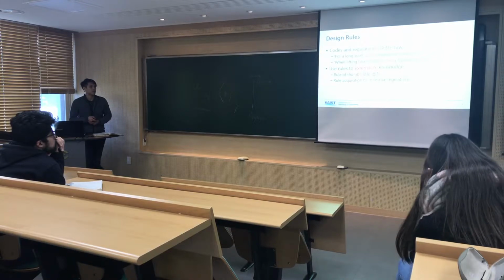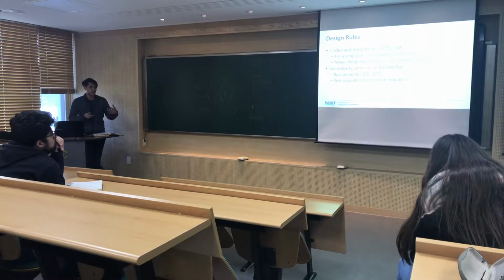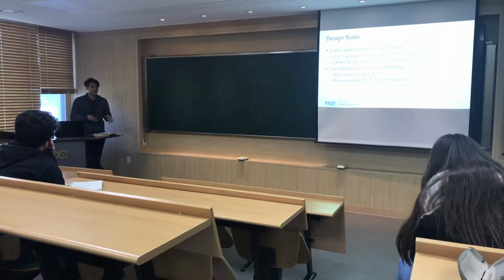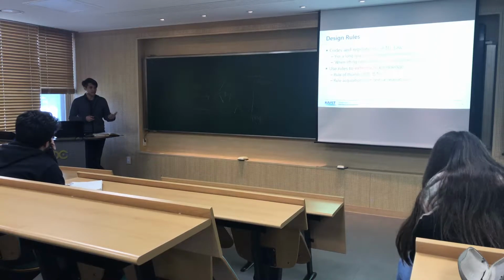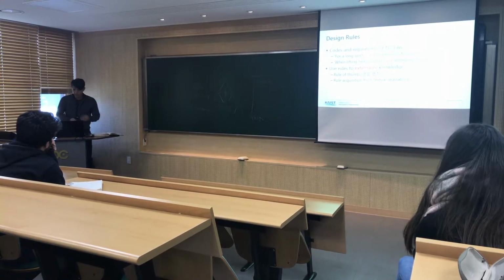And we use rules to externalize knowledge. A rule of thumb is basically what experts use. Sometimes it cannot really be described by science or experiments, but by experience, and experts have a rule of thumb. And also there can be a rule of acquisition and textual regulations.